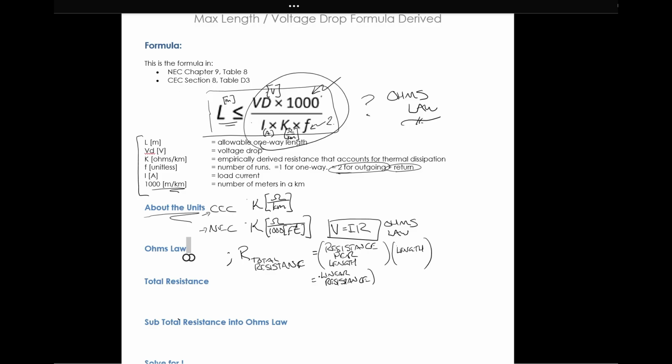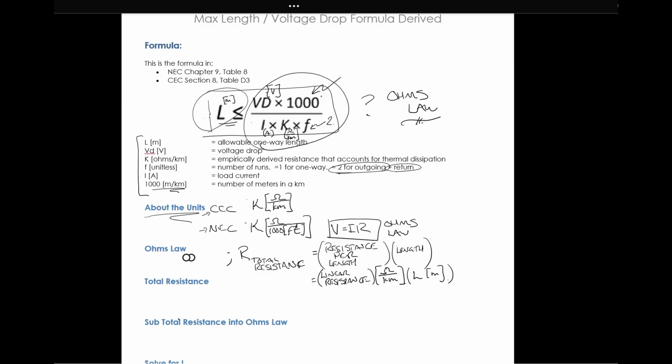Forgive me, I'm going to do this in metric, but you can comment below and have an argument about imperial versus metric. That's in ohms per kilometer on the chart, right? And length, I can just call L in meters, because we like expressing length in meters, and I know that this formula has length in meters, so that's why I'm expressing it in meters there.